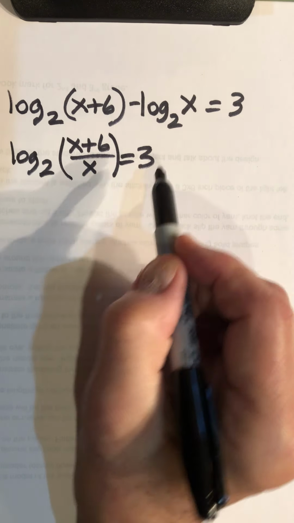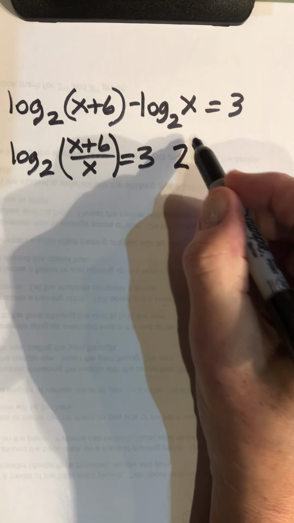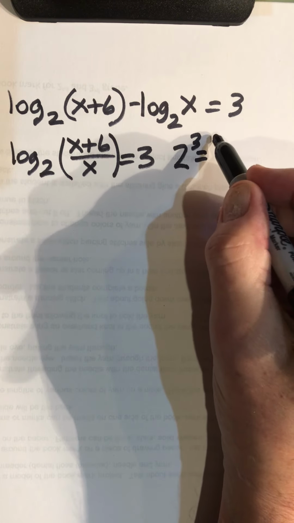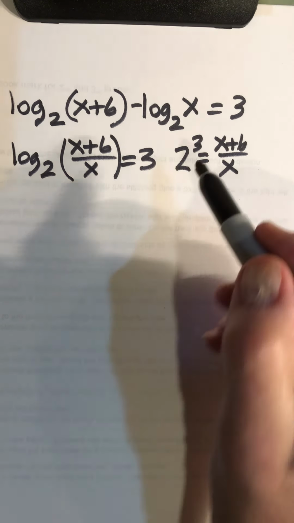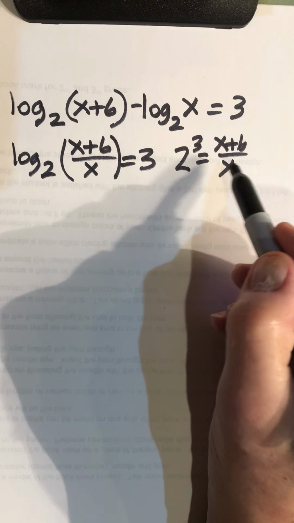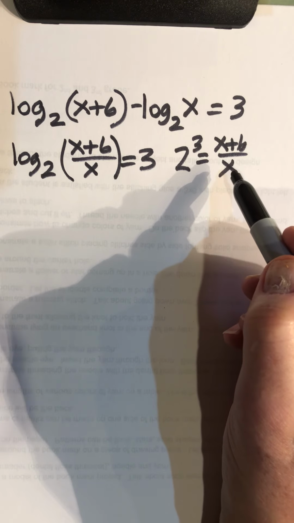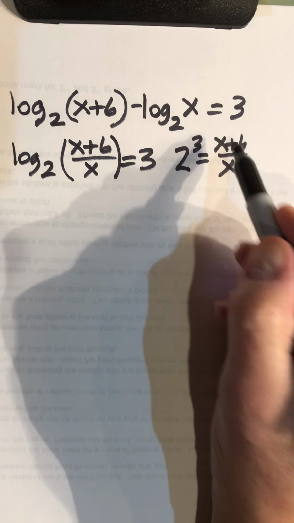Let's convert this to the exponential form. That's the base 2 raised to the exponent 3, 2 cubed, equals x plus 6 over x. Oh, this is not hard. 2 cubed is 8. Multiply both sides by the denominator to get rid of that fraction.